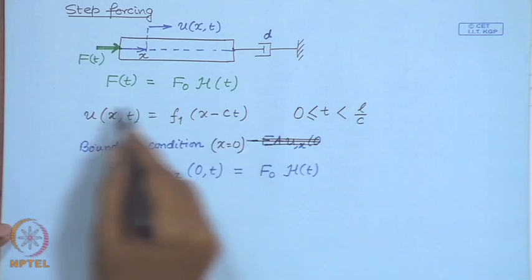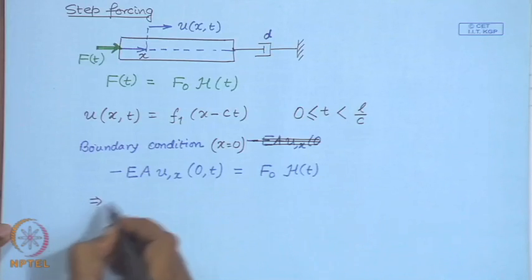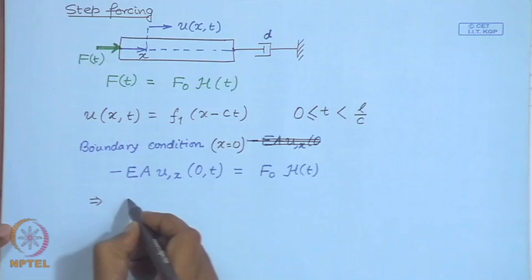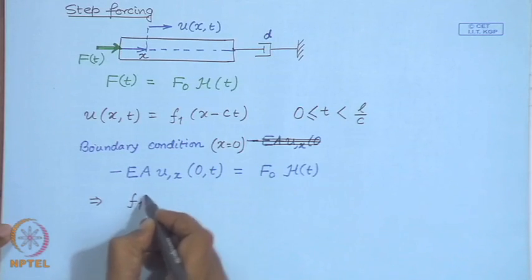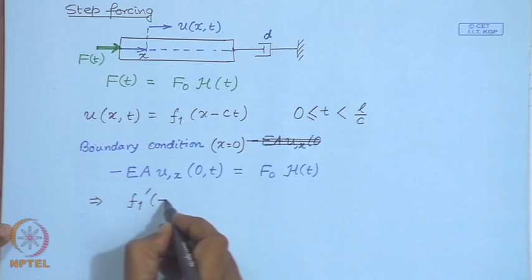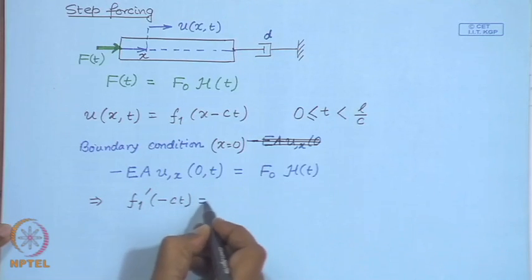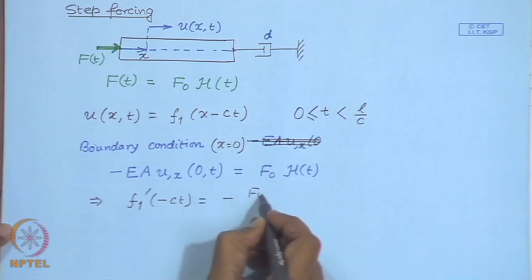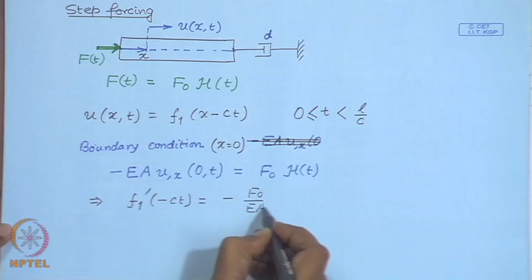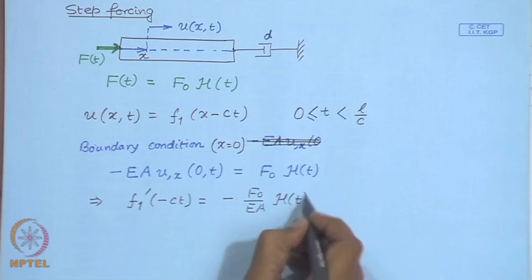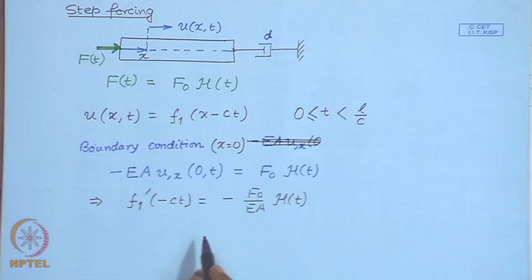Now if you substitute this expression, this solution in here, and simplify, so this is going to be f prime.